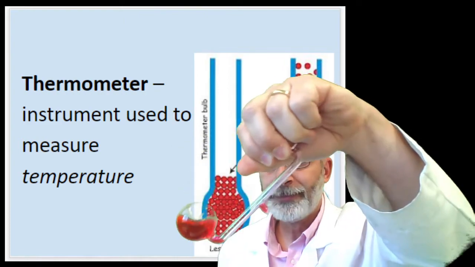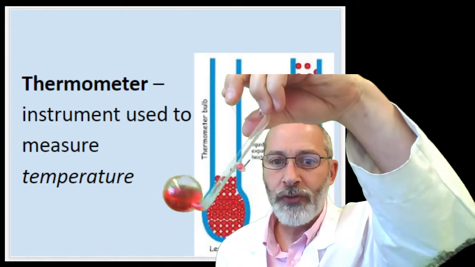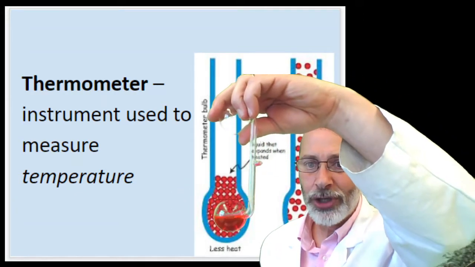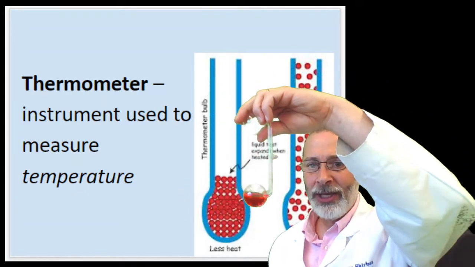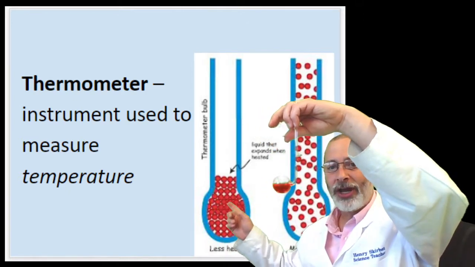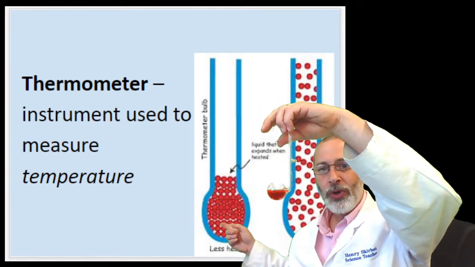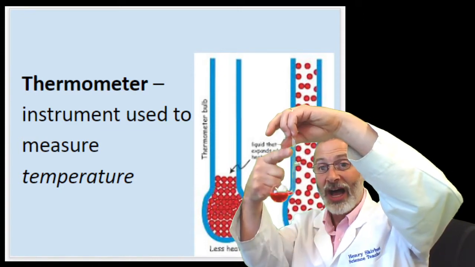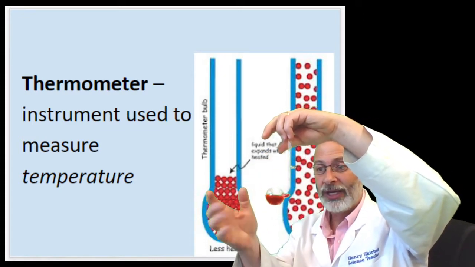Well, guess what? This is kind of a crude form of a thermometer. If you look at the diagram behind me, you notice that this diagram is a hollow tube with a red liquid in the bottom. This also is a hollow tube with a red liquid in the bottom.